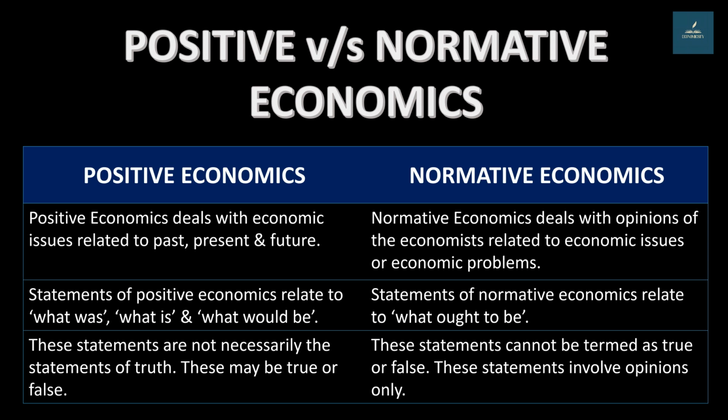The statements of positive economics are not necessarily the statements of truth. These may be true or false, whereas the statements of normative economics cannot be termed as true or false. These statements involve opinions only.